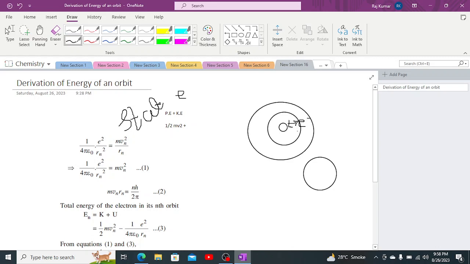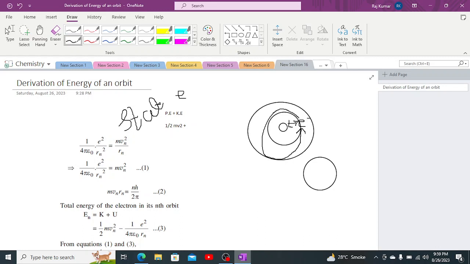So what we are going to discuss here is that potential energy is due to two phenomena. First, because of the charges of electron and proton. Electron and proton are oppositely charged, and both attract each other, due to which they generate a force of attraction. This maintains the position of the electron within the orbit, due to the attraction of electron and proton, which causes it to move inside the orbit.